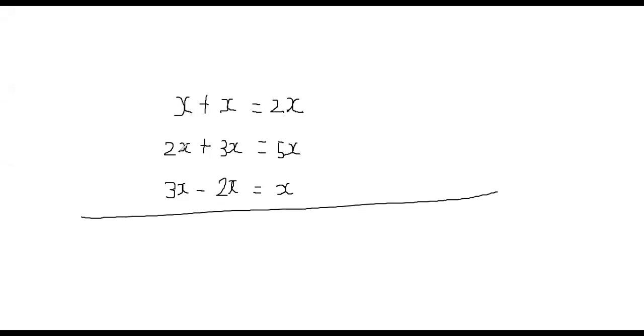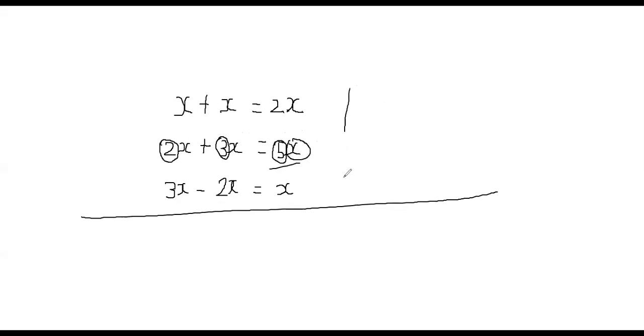Here, the coefficient of x is 2. The coefficient of x here is 3, meaning the number in front of the variable, right? So we add them and we have 5. We're dealing with x, so therefore we just put the x there. So in this case, it will be 5x.